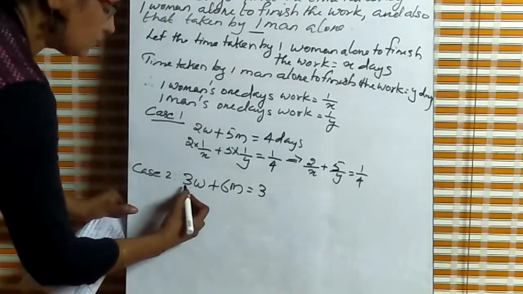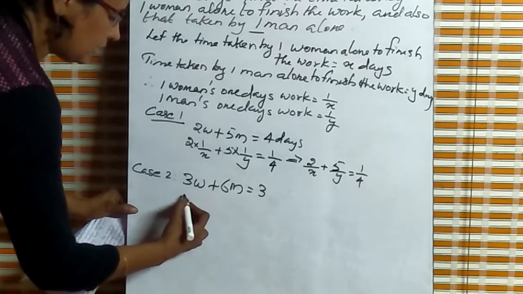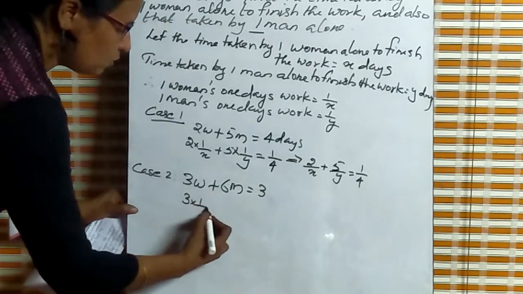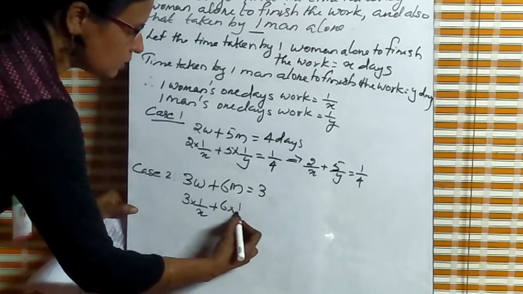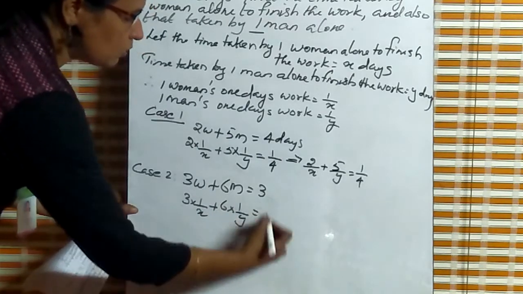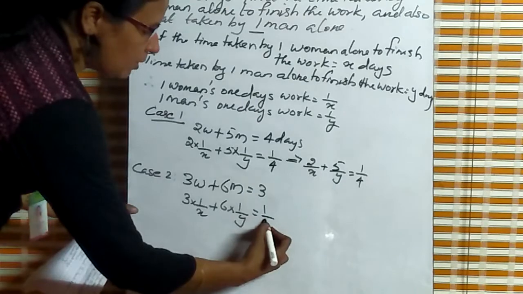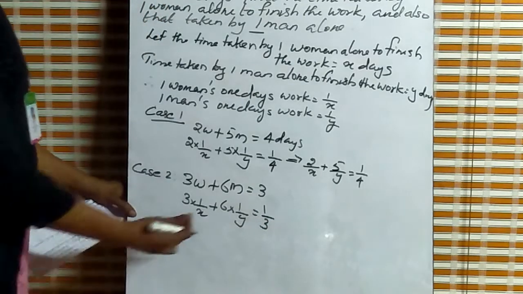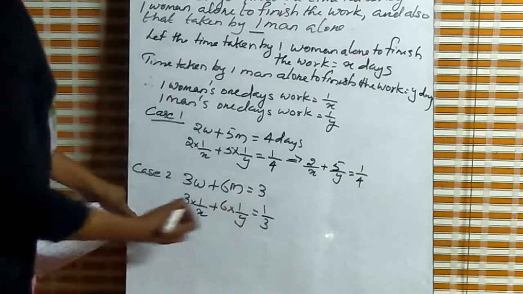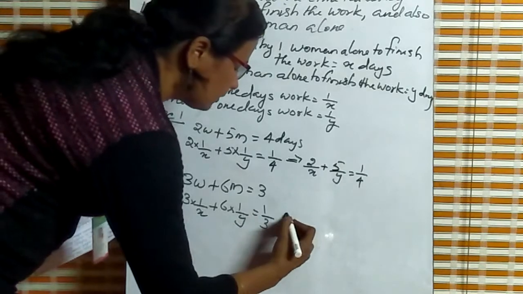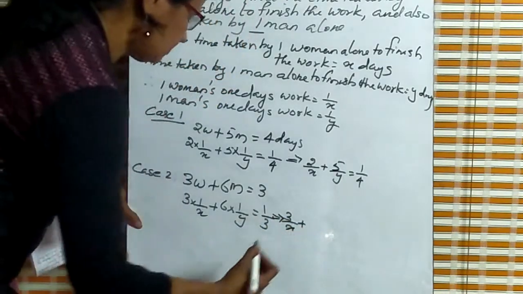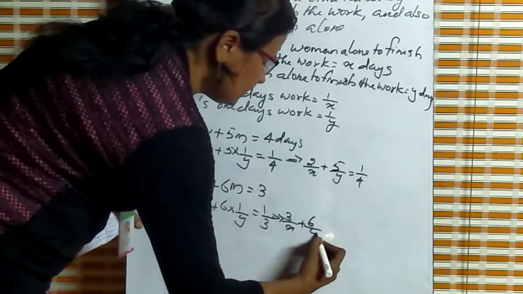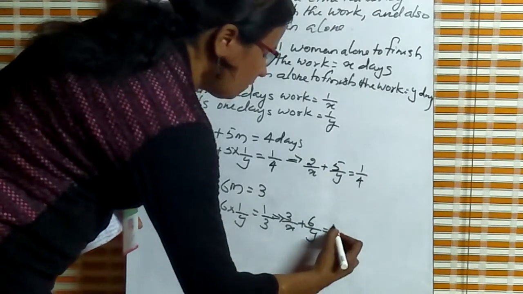So 3 women's 1 day's work is 3 into 1 by x plus 6 men's 1 day's work is 6 into 1 by y is equal to 1 by 3 part of the total. This implies 3 by x plus 6 by y is equal to 1 by 3.